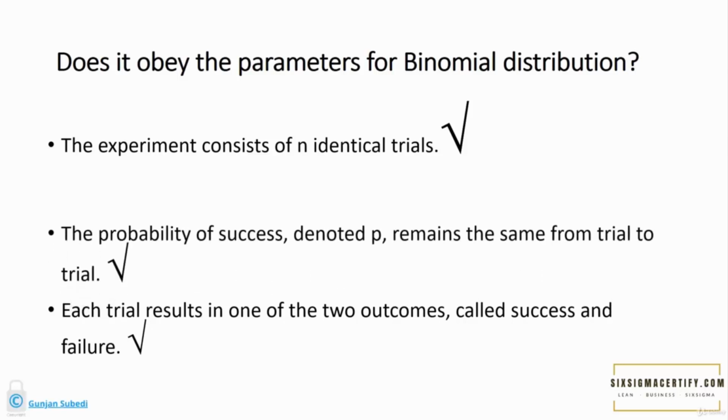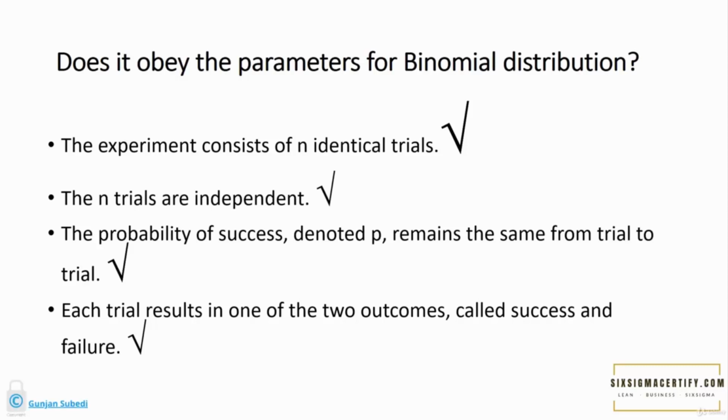Now another parameter is the probability of success, denoted by P, which remains the same from trial to trial. As we have year-long data, the probability of a plane landing on time is 91%. In this case, we have historical data of 2019 where the probability of success was 91% or 0.91 and we assume that it remains the same, and we know that these trials are independent of each other.